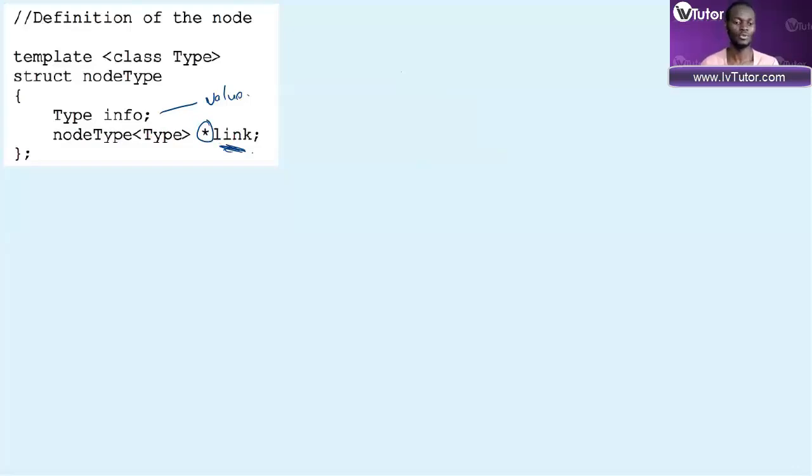So eventually, you're going to realize that our node is made up of two attributes, info and link. Info being the one storing the value, which means it's of type, whatever type your node is. If we want a node of type integer, we would then define that as node type of type int.